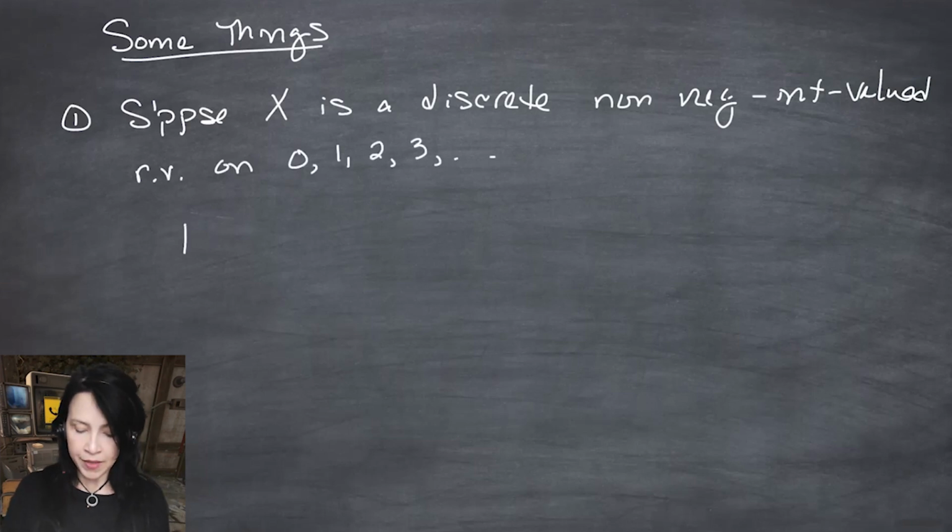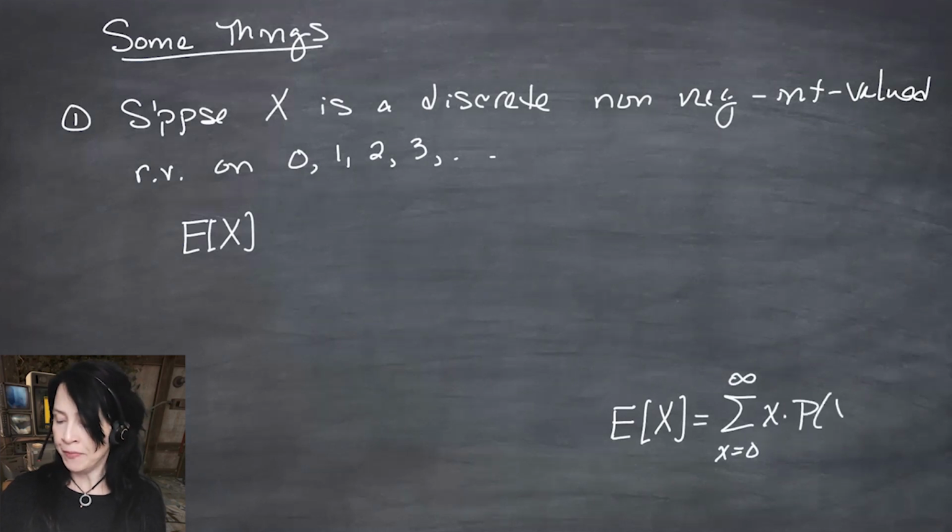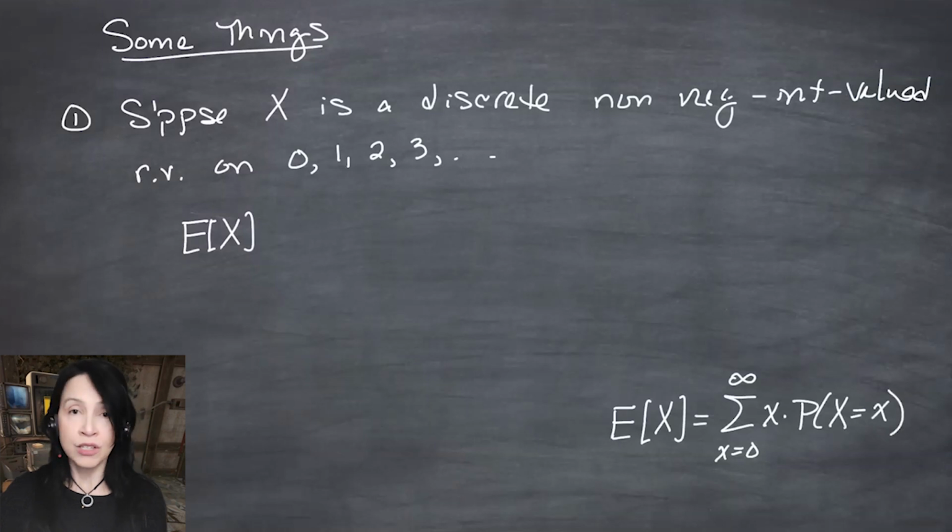I want to talk about the expected value or mean value for X. Hopefully you can recall from your probability prerequisite that expectation is a probability weighted average. In the discrete case, I sum over all of those values x times the probability that X equals x. So that's the usual way we compute expectation.